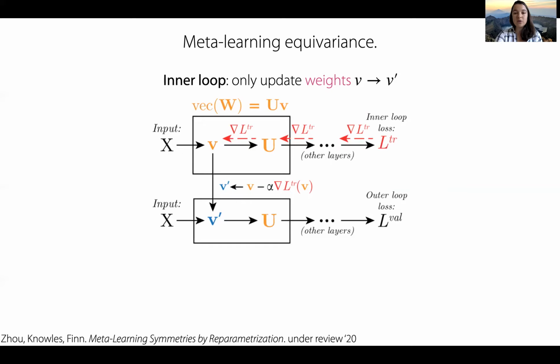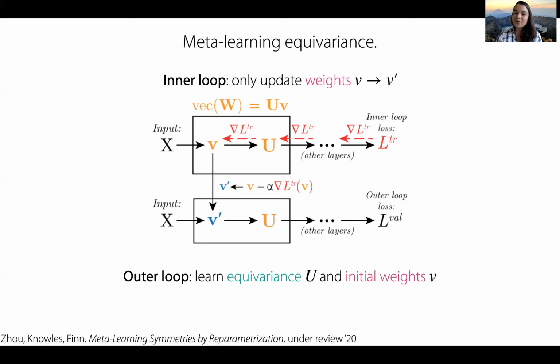The inner loop gradients, shown in red, are backpropagated through U into V, and only V will be updated, as shown in blue, using this inner update. The equivariant structure is fixed both before and after the update. This ensures that the equivariant structure is preserved within the inner loop of the algorithm.